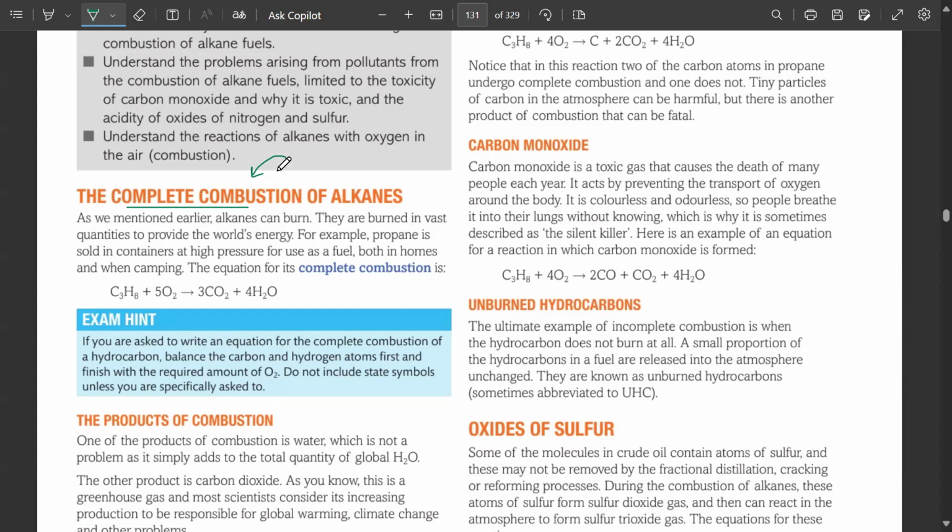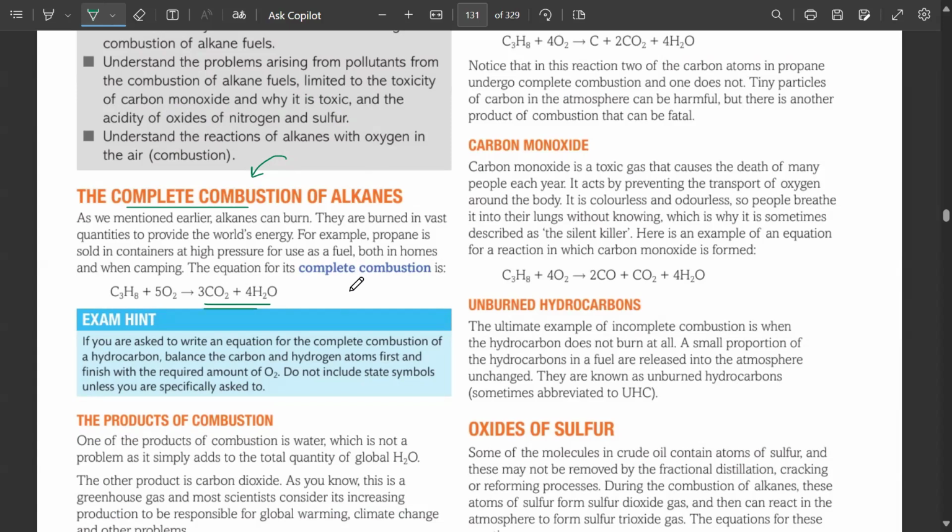That complete breakdown, when it is transformed to CO2 and water. Then what is incomplete combustion? When you don't turn everything into CO2 and water. Wrong. Complete combustion always has products of carbon dioxide and water.